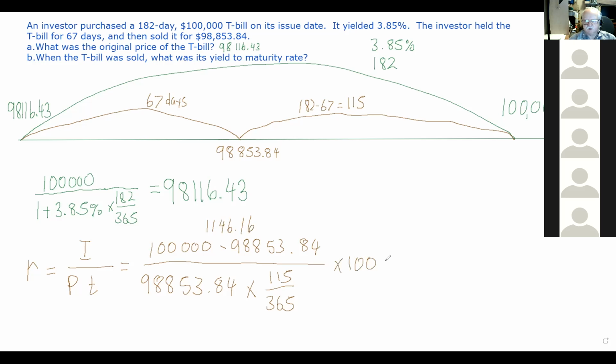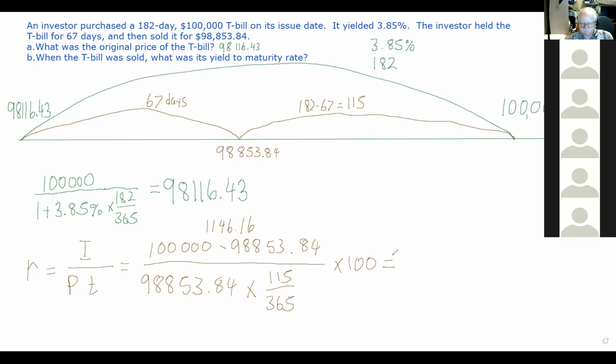We still don't know how many decimal places we're working to. So let's see, 115 divided by 365 times 98,853.84, 1 over x, and then times 1146.16.